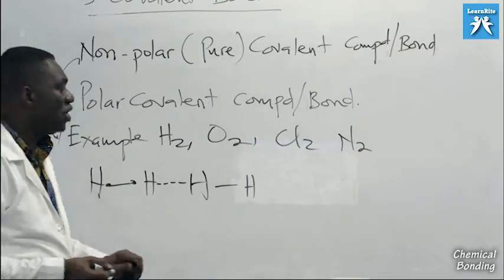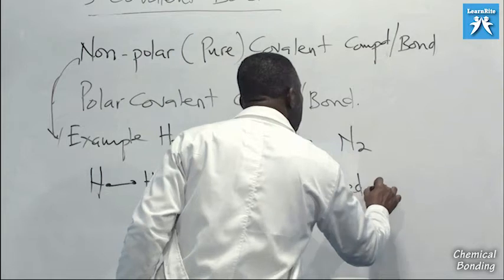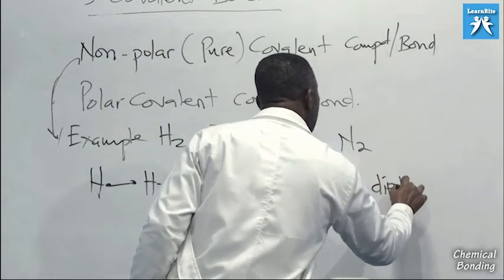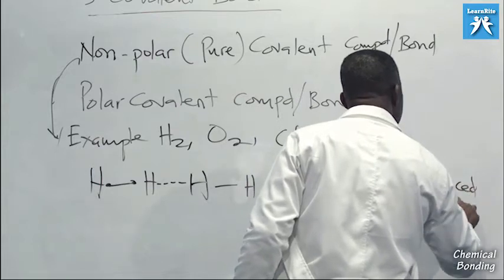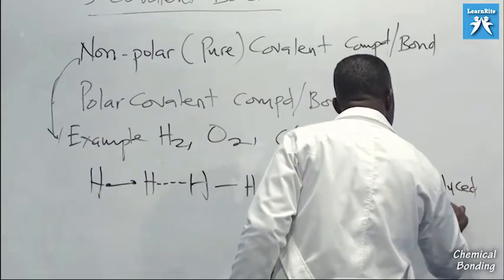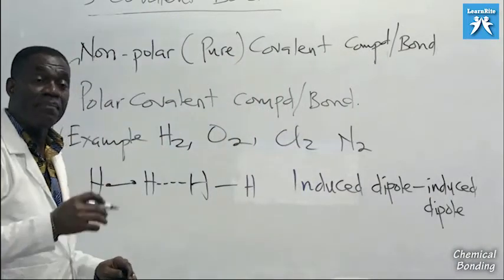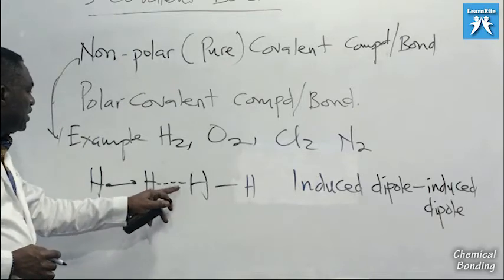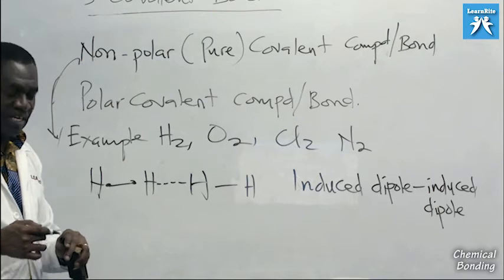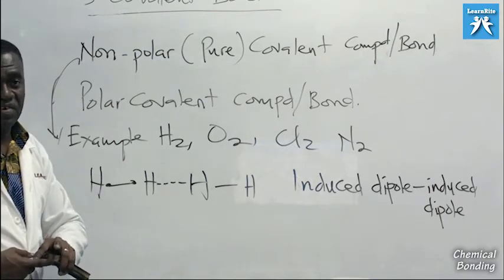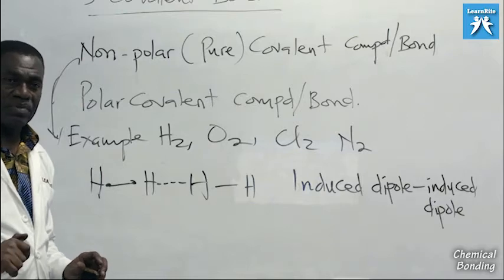The actual name is called induced dipole force. Okay, I'll explain this in my next video. I just want you to know that the bond between this molecule and that molecule has a force holding them together, and that force, you can say it is weak Van der Waals force, or you can say it is induced dipole. They are all accepted.